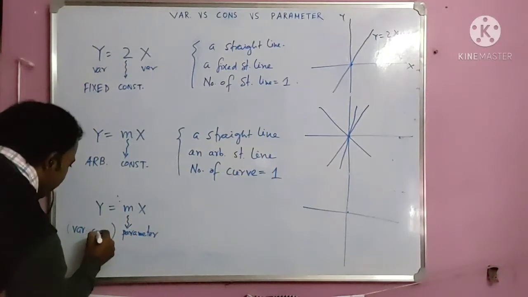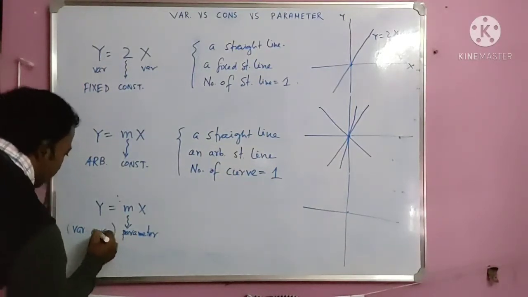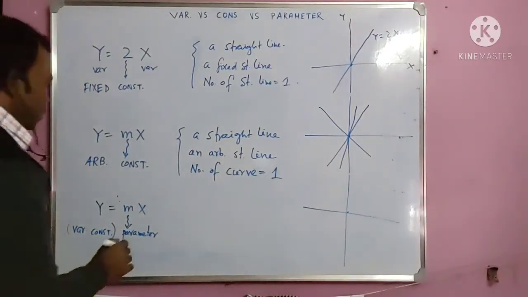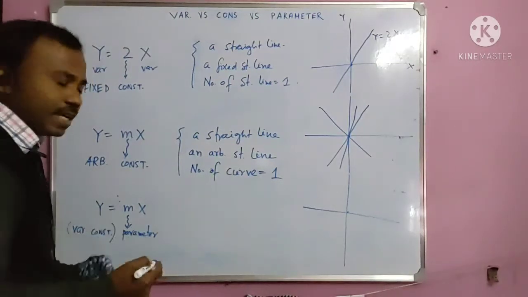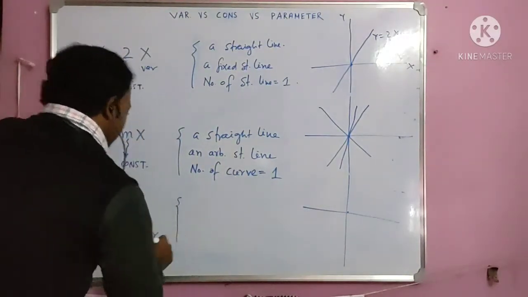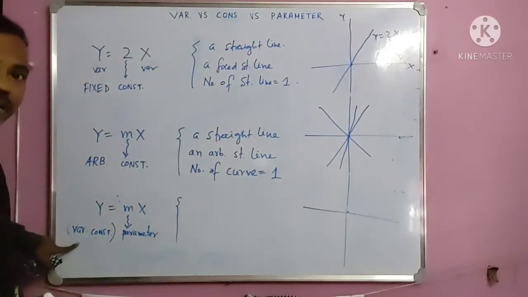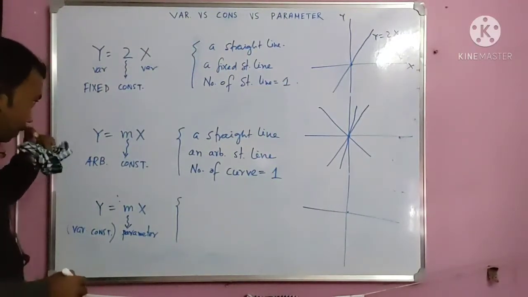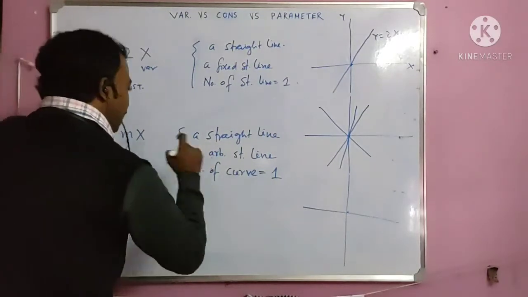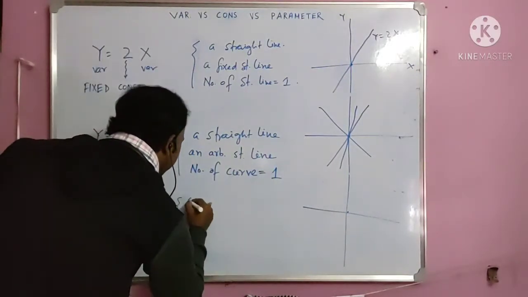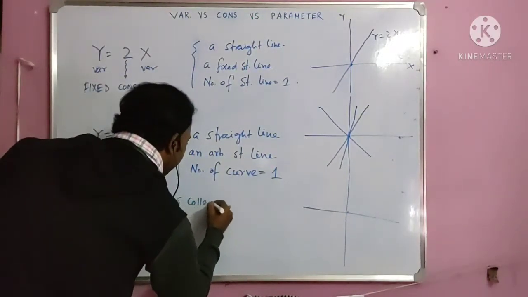Therefore we should say this is a variable constant. So this time, what do we get? Look, we are letting this constant vary. Therefore, we are not going to get a single straight line. We will get a collection of straight lines.